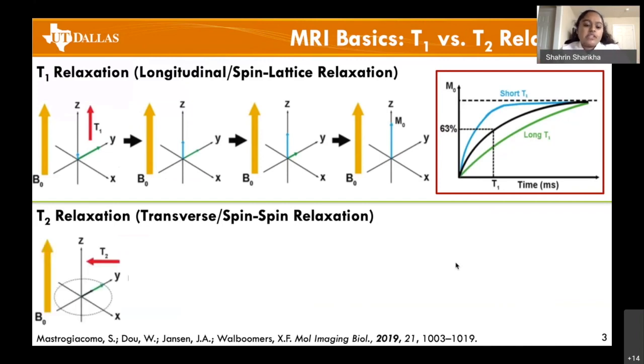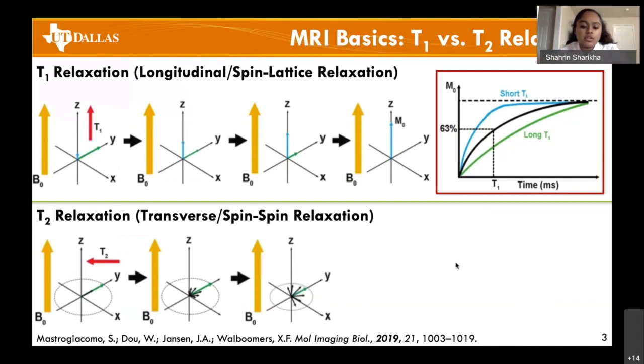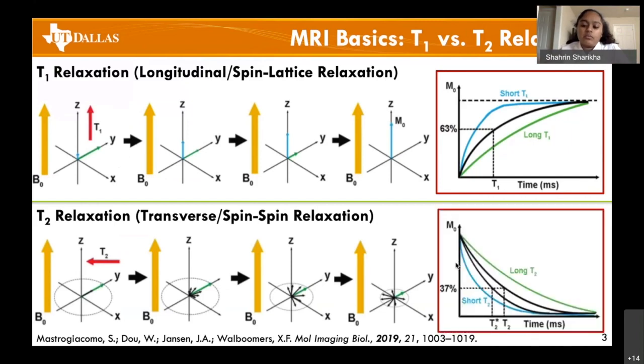And T2 relaxation, as I mentioned earlier, has to deal with the protons' interaction with each other. And so this is the time that it takes for the protons to begin spinning out of phase with each other. It's the amount of time it takes for it to reach about 37% of what it was originally. And with T2 relaxation or T2 weighted images, they produce hypo-intense signals, so the images appear darker on the MRI scans.